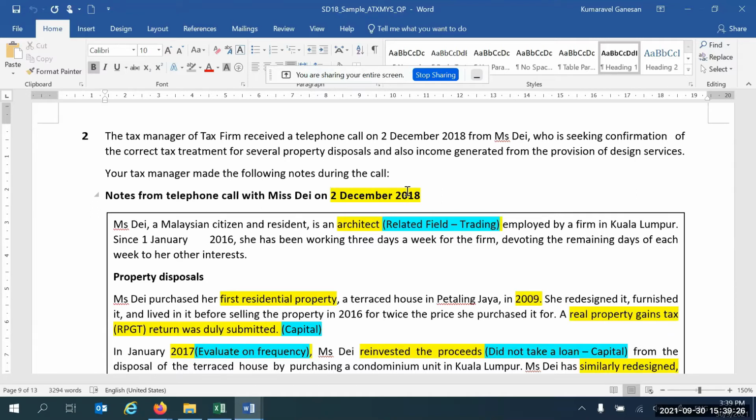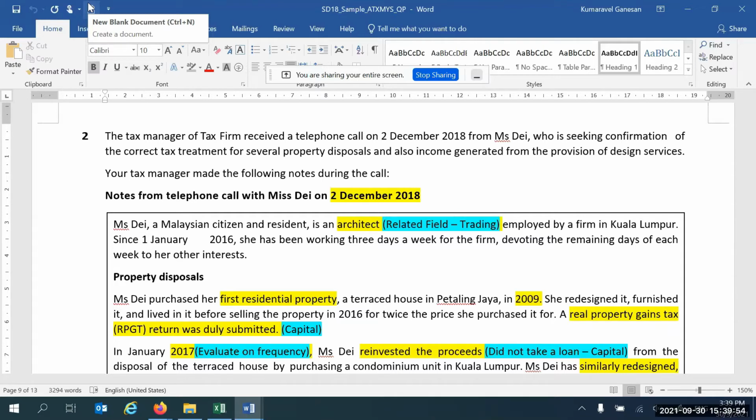It's an architect. The blue ones are my points, but nowadays you cannot annotate the question paper. So for you, don't waste your time writing in the scratch pad or on a piece of paper. There is no time to plan unless it's something very complex or you want to organize your thoughts. Straight away, transfer.